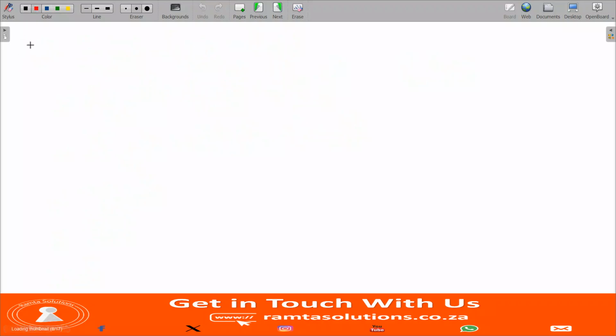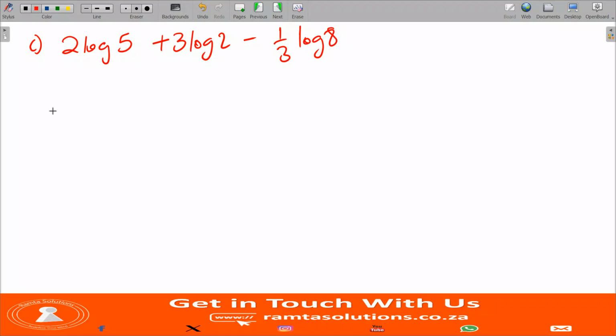Now, question C, we are dealing with 2 log 5 plus 3 log 2 minus 1 over 3 log 8. It's tempting to use rule 1, but we cannot use rule 1 because we have 3's and the like.